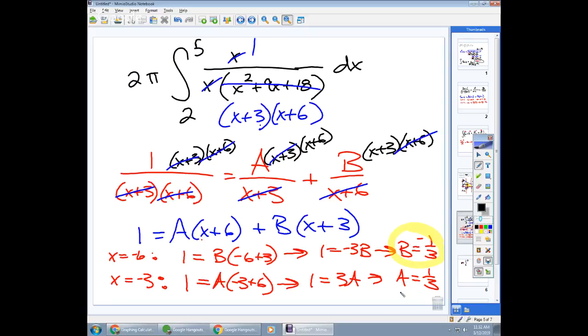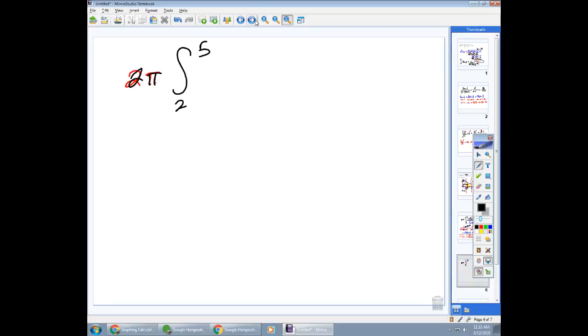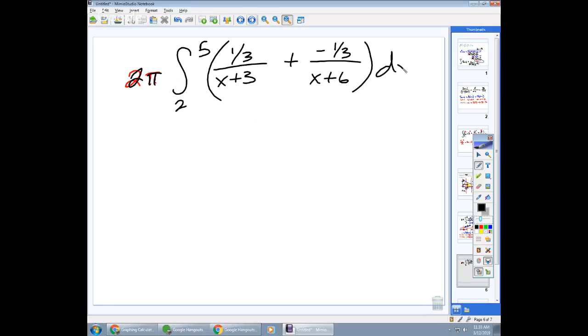So a goes over the x plus 3, so 1/3 over x plus 3, and then plus -1/3 over x plus 6 dx. Can we write that the same as 1/3 times 1 over x plus 3? Yes, same thing. Got it.